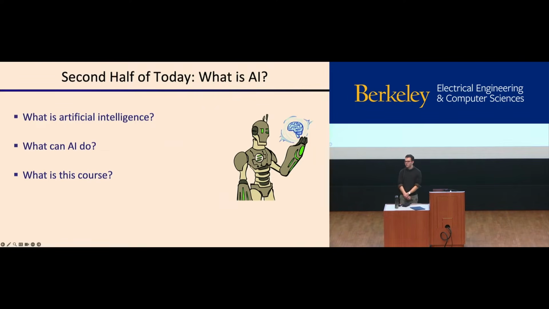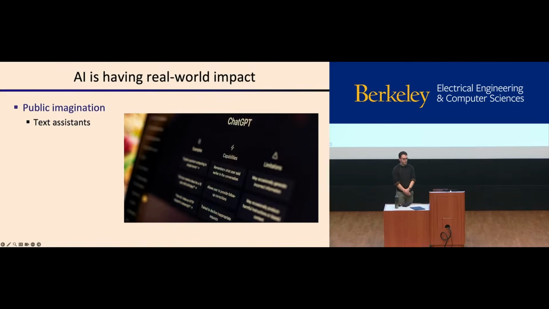So before we get into what is AI, it's important to acknowledge that AI is kind of everywhere now. It's having real world impact. It's capturing the hearts and minds of a generation. It's hard to avoid. Has anyone heard of AI? Who's played with ChatGPT?